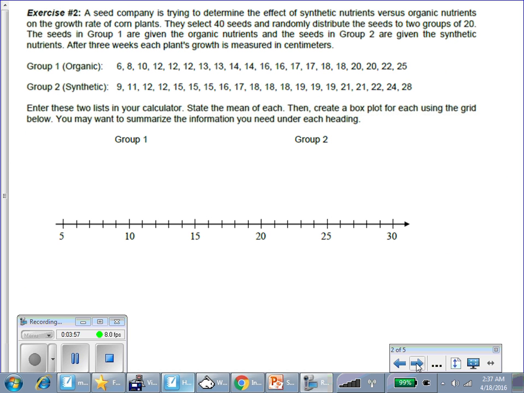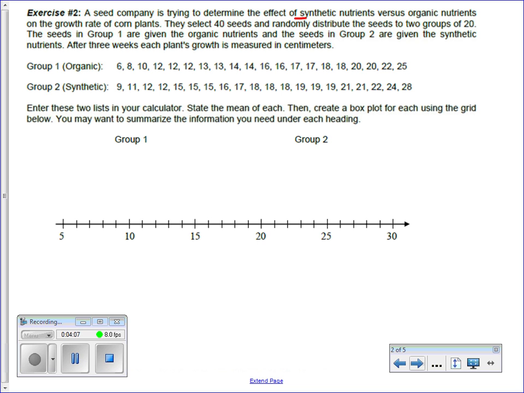Exercise 2. A seed company is trying to determine the effect of synthetic nutrients versus organic nutrients on the growth rate of corn plants. So we're comparing synthetic nutrients and organic nutrients on the growth rate of corn. They select 40 seeds, so 40 is our sample size, and randomly distribute the seeds to two groups of 20.